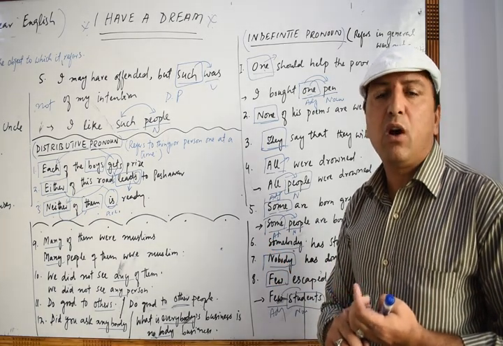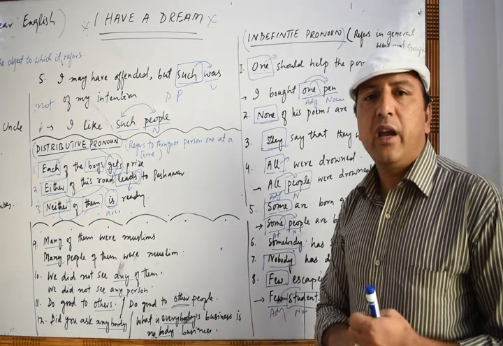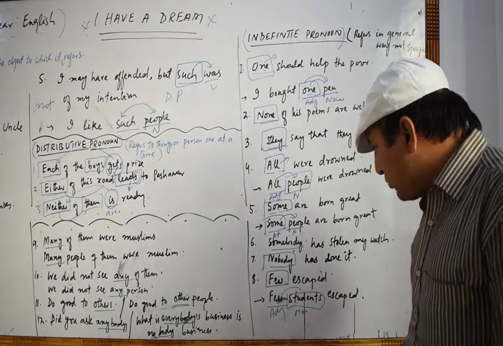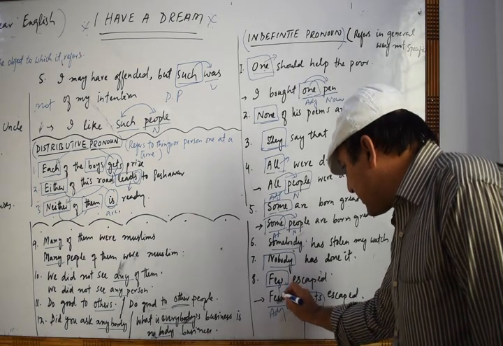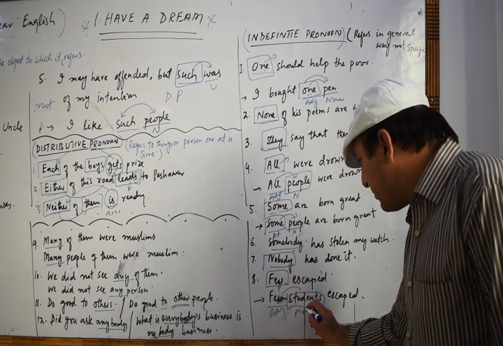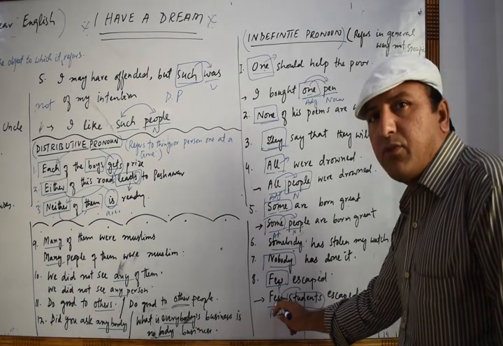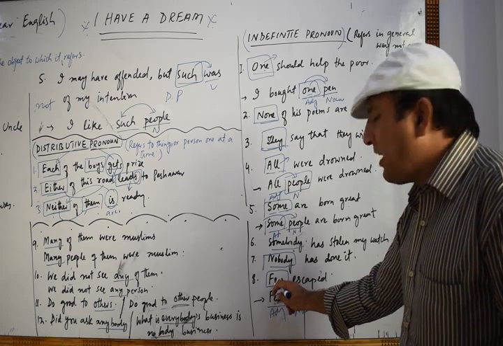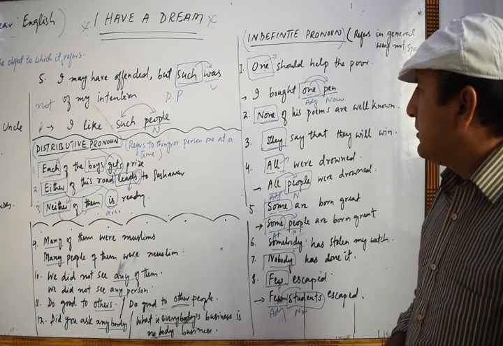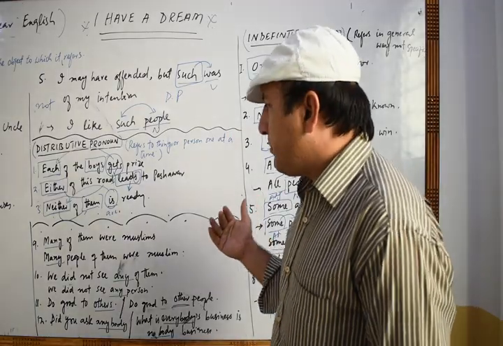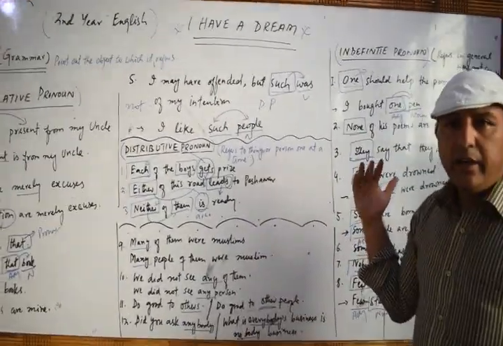But with "few," we don't know the number, so we call it an indefinite adjective of number. In the first sentence "few" is working as a pronoun; in the second, "few" modifies this noun, so we call it an adjective of number, and the other an indefinite pronoun. Clear? Now you see, I told you about the adjective of number and the indefinite pronoun.